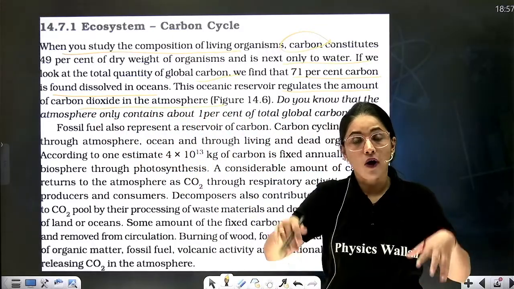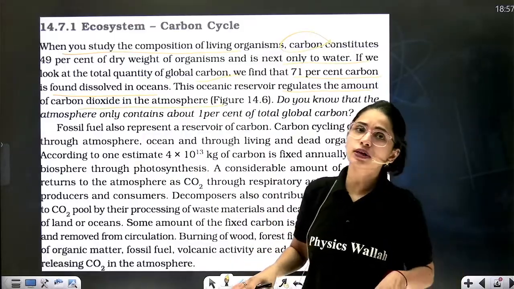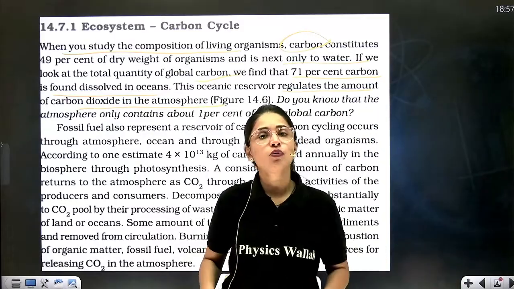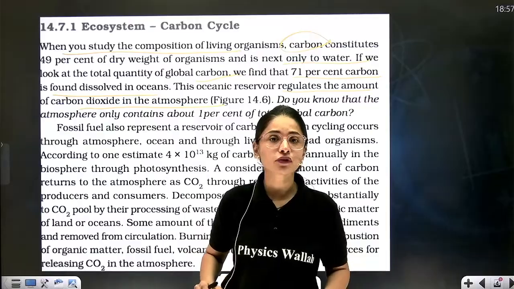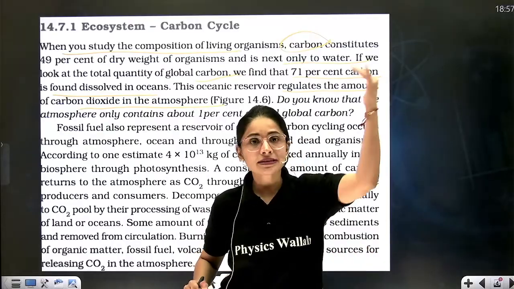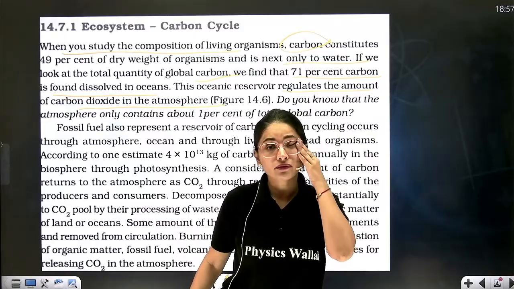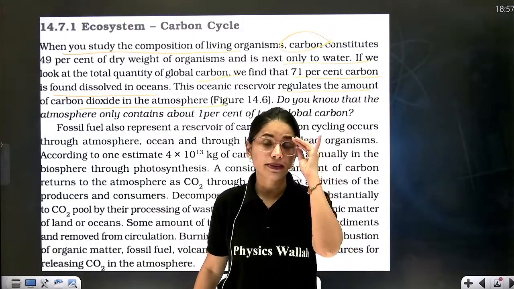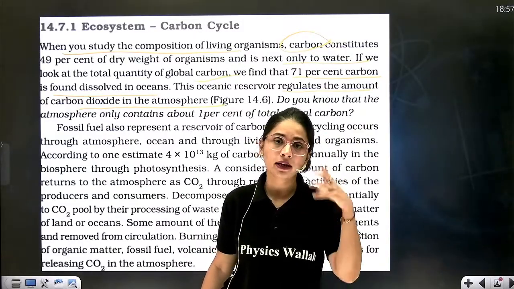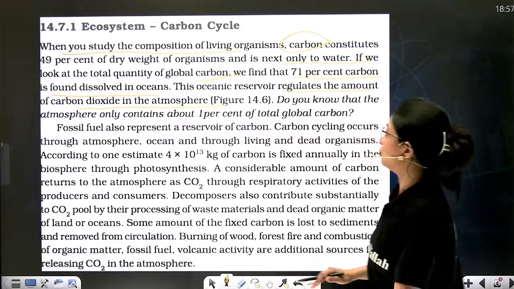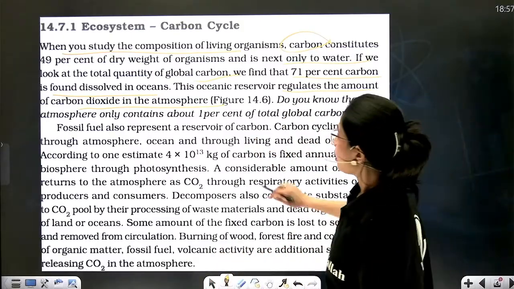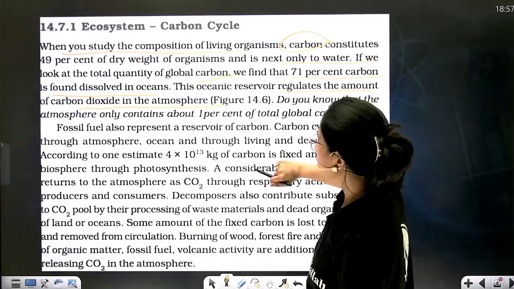Correct? So CO2 concentration is more in the water, which is about 71% of the total, and it maintains the flow of CO2 in the atmosphere from where other organisms, basically plants, are consuming for preparing food. Next. Now, okay, one more thing.